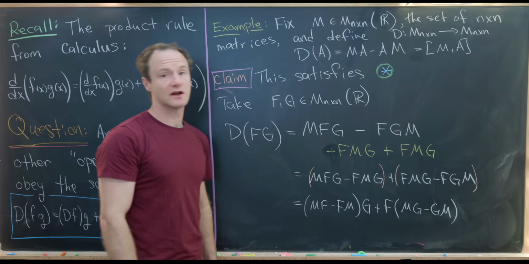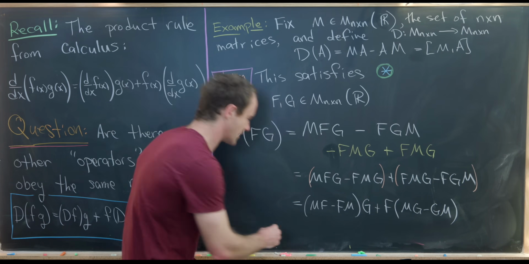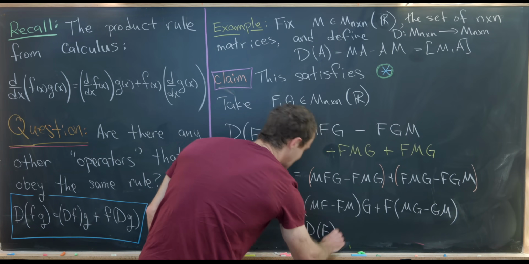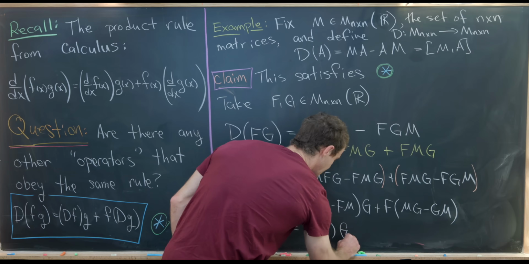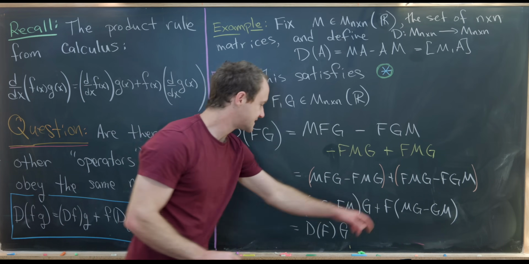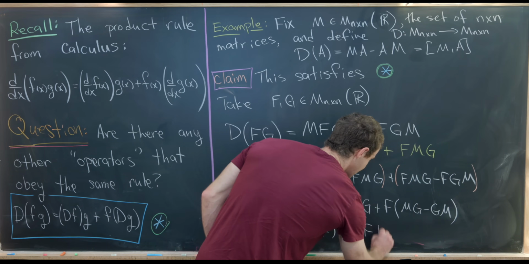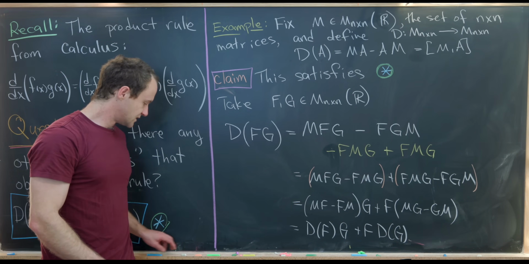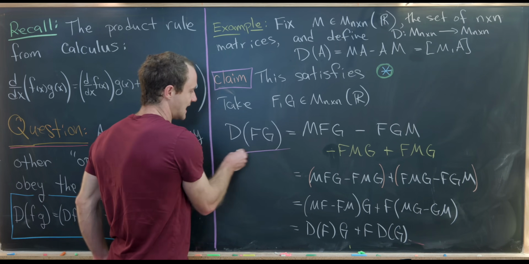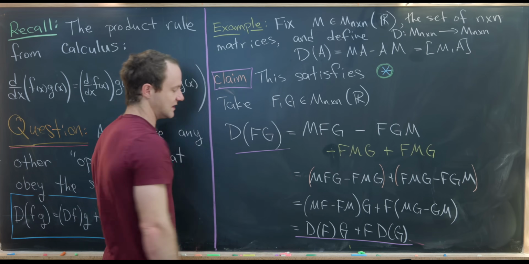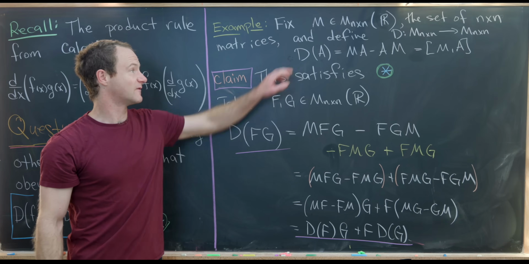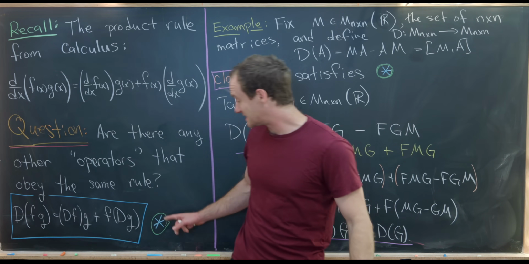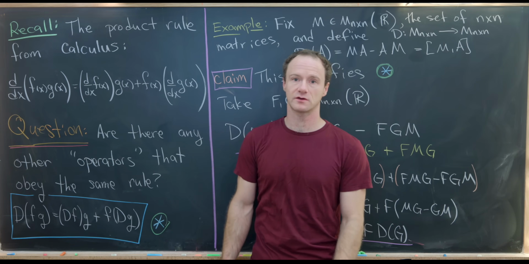It takes the commutator with M, and that's exactly what we have here. This is exactly D evaluated at F, and then we're multiplying that by G. And this is exactly F times the D operator evaluated at G. So now looking at the extreme left and right-hand sides of the equation, we see that this operator on the set of matrices indeed satisfies this thing that looks like the product rule.